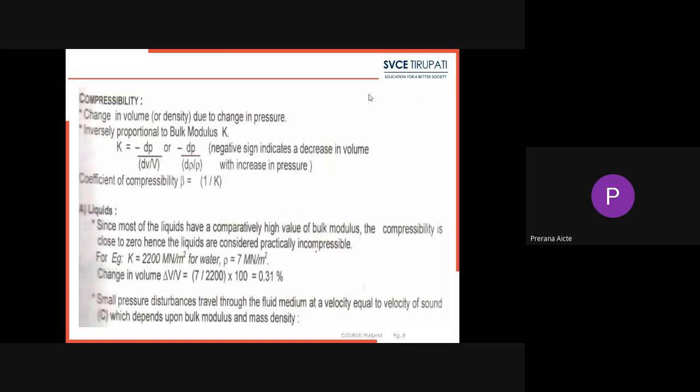Then another property of the fluid is compressibility. Compressibility is defined as the change in volume due to the change in pressure. It is inversely proportional to the bulk modulus K. We can write bulk modulus K equals minus dP by dV by V. Here the negative sign indicates a decrease in volume with increase in pressure. dP is the change in the pressure and dV by V is the change in the volume.